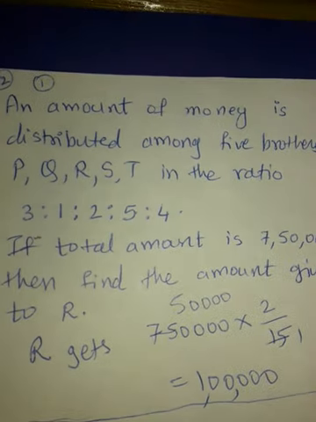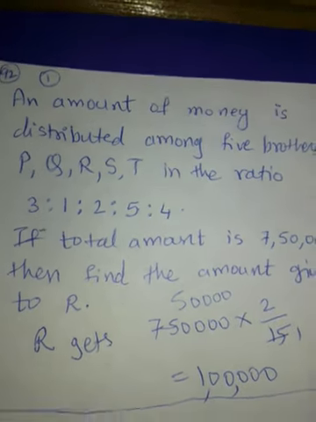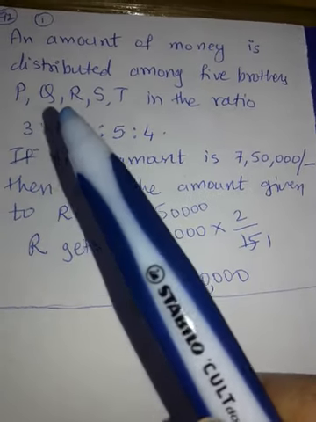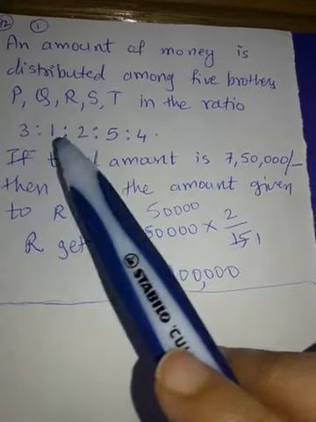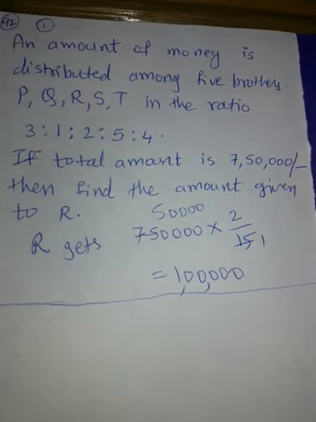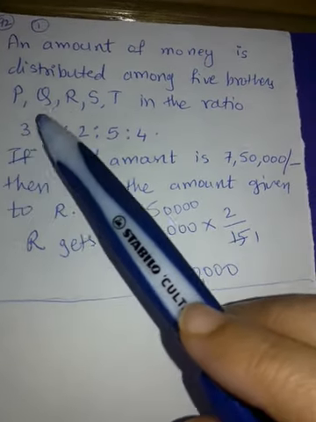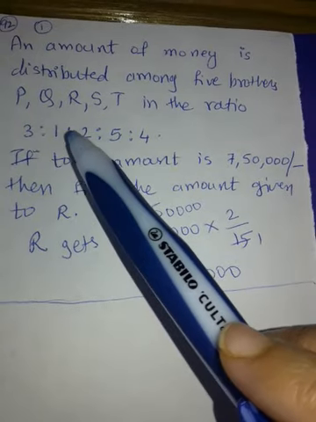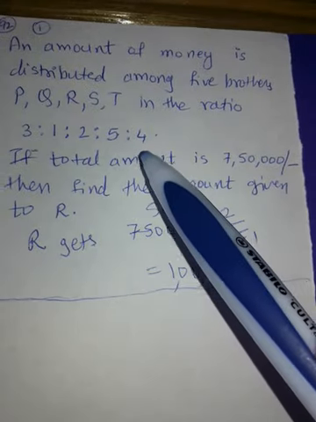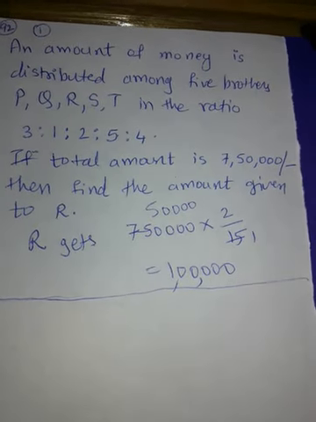There is one more way of solving this which is generally commonly used, so let's discuss that also. When I say PQRST are in this ratio, it means there lies some common multiple. This can be either 30, 10, 20, 50, 40. This can be anything and they all will share a common multiple.